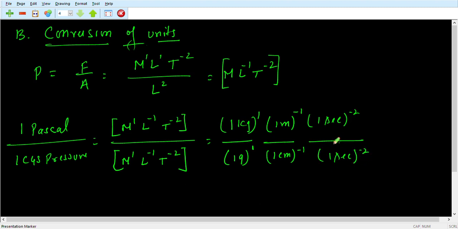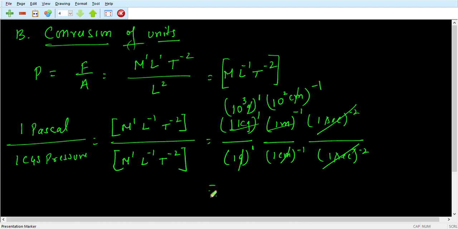We are going to reduce these values. 1 second to the power minus 2 and 1 second to the power minus 2 will get cancelled, and we want to equate the units, so it's very easy. 10 to the power 3 gram to the power 1, and here we can write 10 to the power 2 centimeter to the power minus 1. Now this 1 gram and 1 gram will get cancelled, and this 1 centimeter and this 1 centimeter will get cancelled.